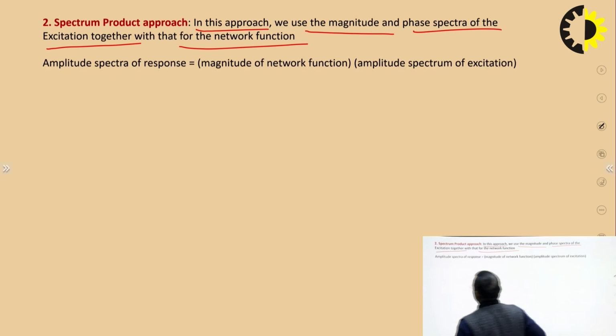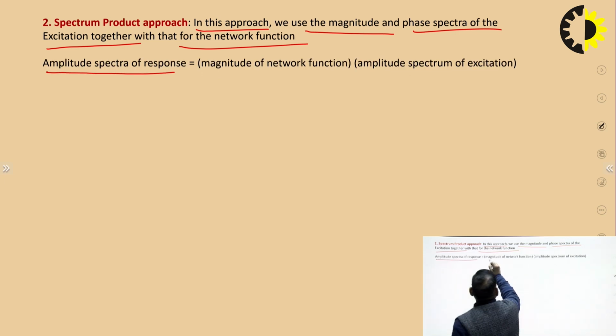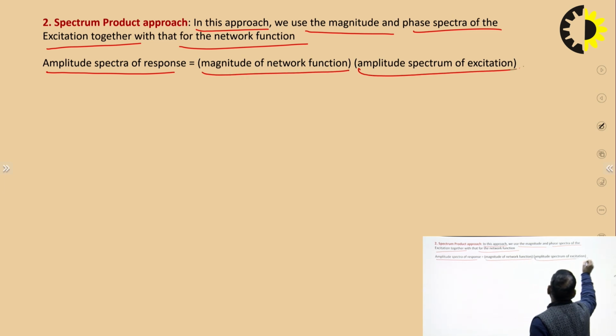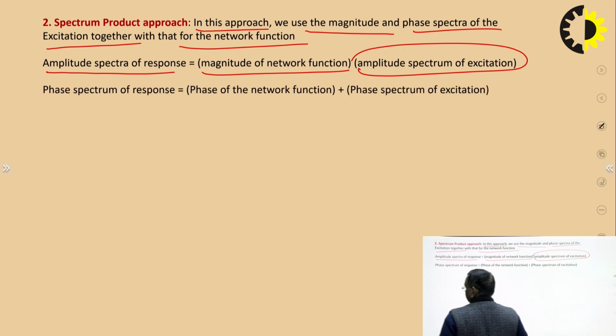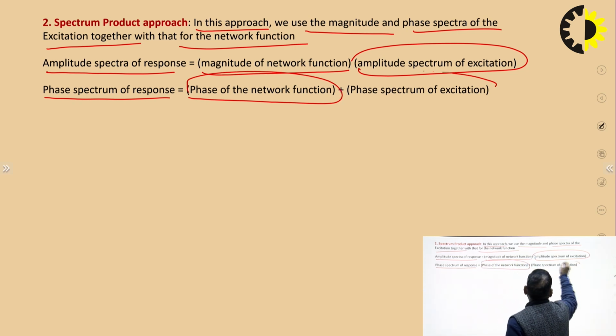The amplitude spectrum of the response is the product of the magnitude of the network function and the amplitude spectrum of the excitation, and we separately calculate the phase spectrum of the response.